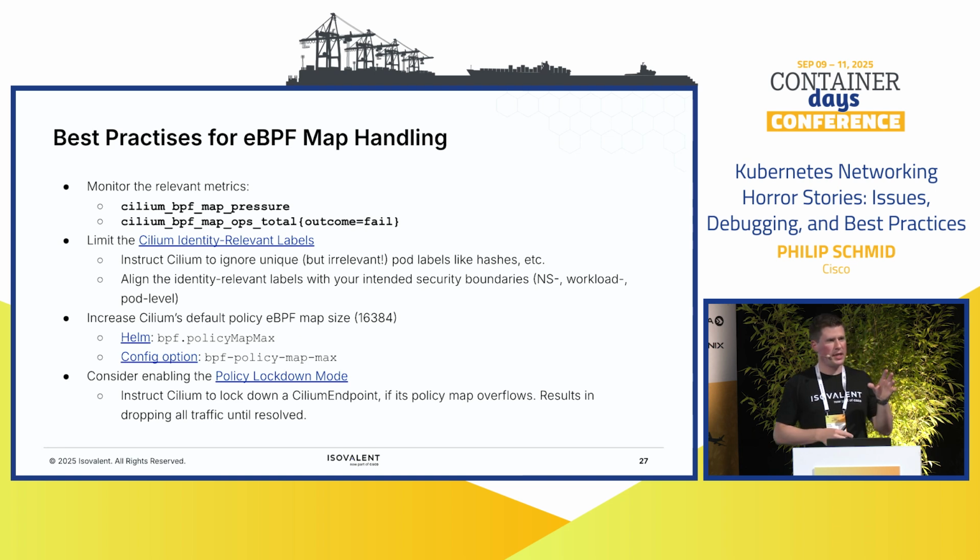Last but not least, the most relevant part there: whenever a Cilium policy eBPF map is overloaded, so we have an eBPF map pressure situation, Cilium defaults to the behavior to allow all other traffic, which is most likely not what you actually want, because then suddenly an endpoint can be reached even though it shouldn't, because there should be network policies.